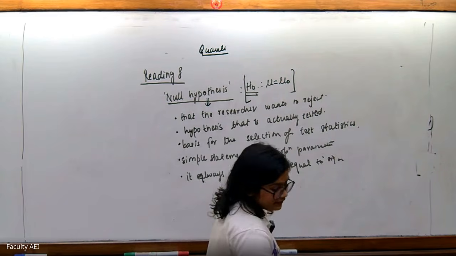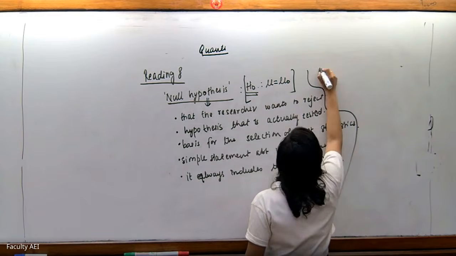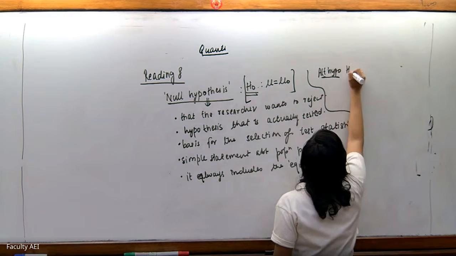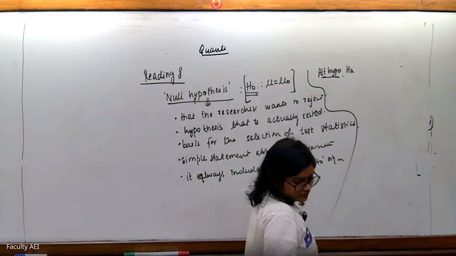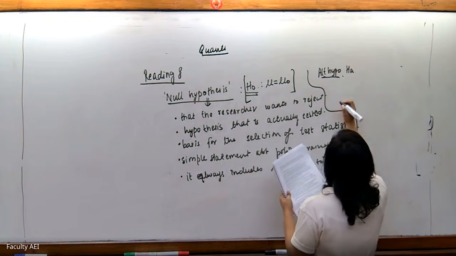Then the alternative hypothesis, which is denoted as HA, is what is concluded.